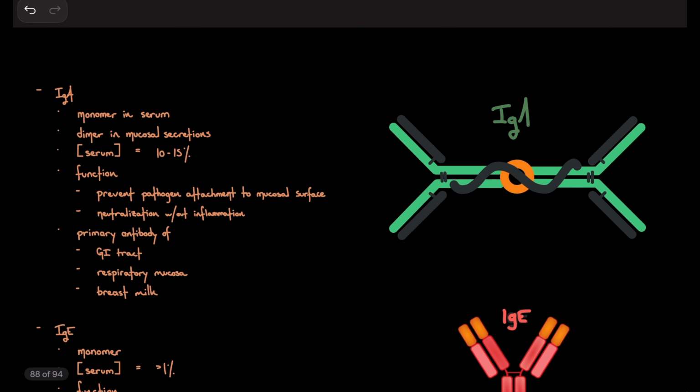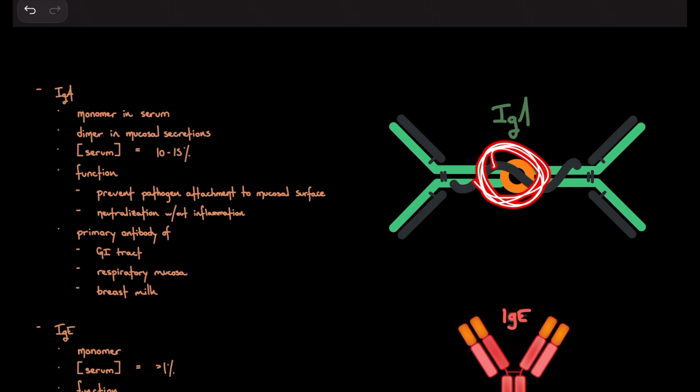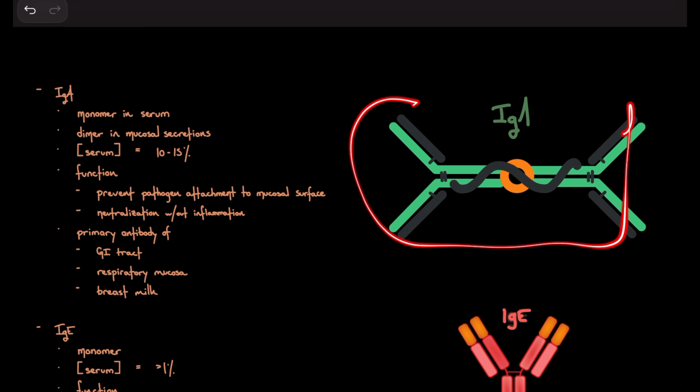IgA, we talked about this a little bit last block. This is the antibody associated with your mucosal defense. A monomer in serum, but a dimer in mucosal secretions. 10 to 15% of my antibodies, so a pretty good chunk of them. And the dimer refers to the fact that we kind of bind the ends together and have a doublet.